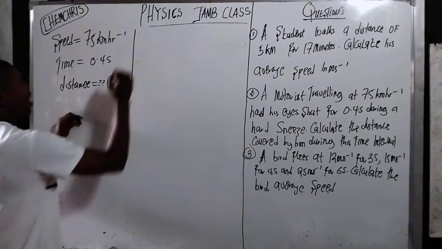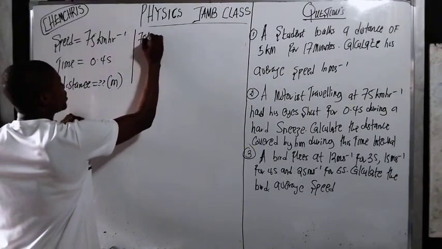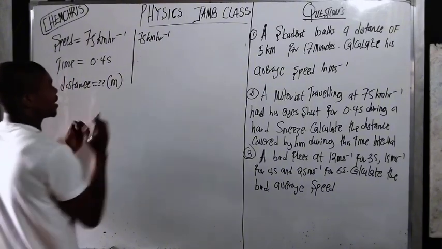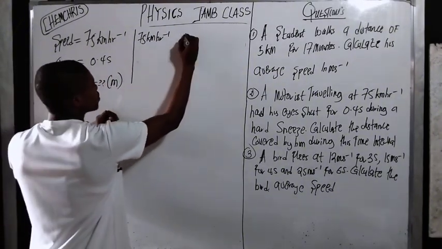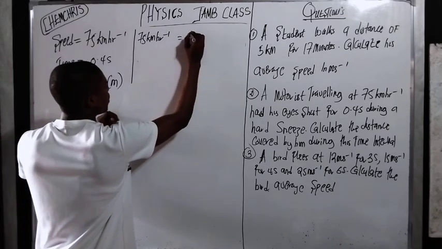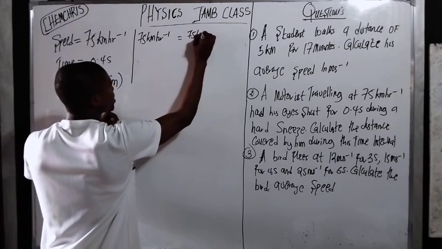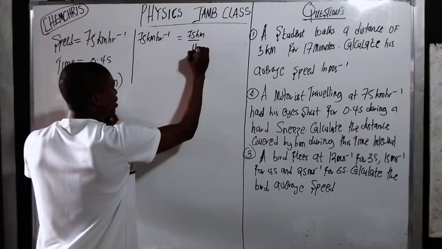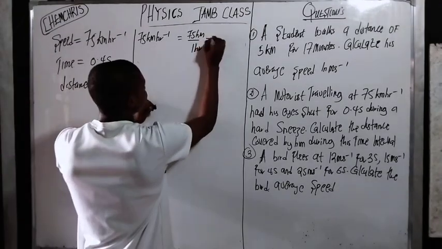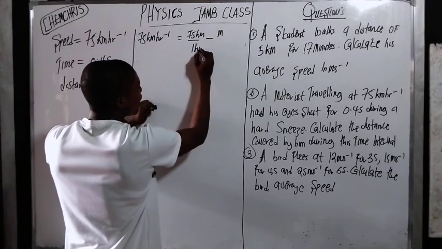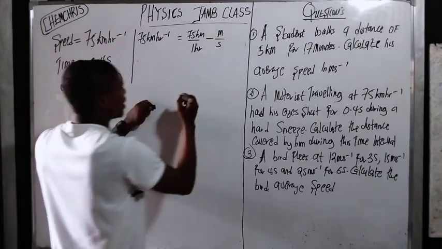Now, if you check very well, you have 75 kilometers per hour, right? Remember, speed is distance over time, right? So here we have 75 kilometers over 1 hour. Do you see that? Now, I have to convert kilometers to meters, and hours to seconds, right?